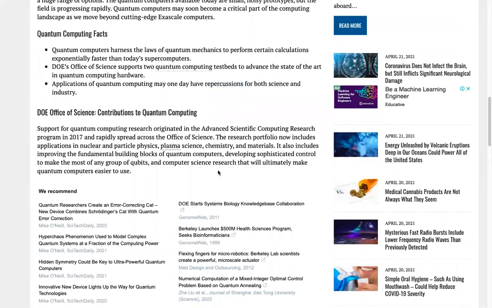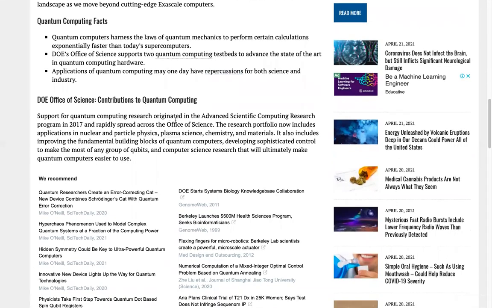DOE Office of Science contributions to quantum computing. Support for quantum computing research originated in the Advanced Scientific Computing Research Program in 2017. They started it in 2017 and it rapidly spread across the Office of Science. The research portfolio now includes applications in nuclear and particle physics, fusion and plasma science.